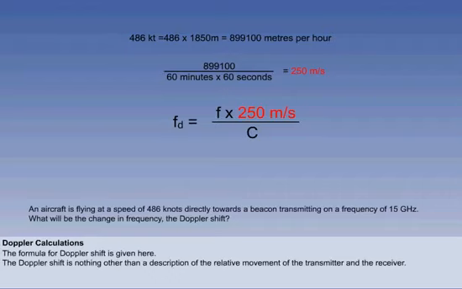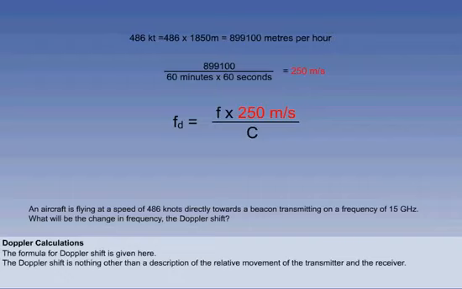There are 1,850 meters in a nautical mile. So in 486 nautical miles, there are 899,100 meters. This is a figure for 1 hour. So in 1 second, divide by 3,600, which gives us 250 meters per second.